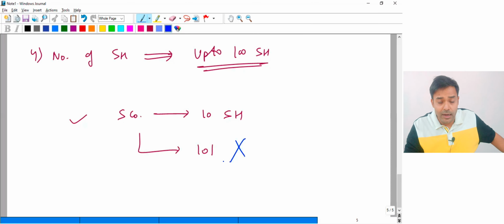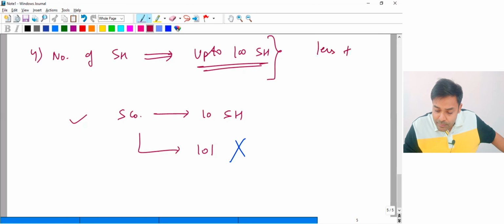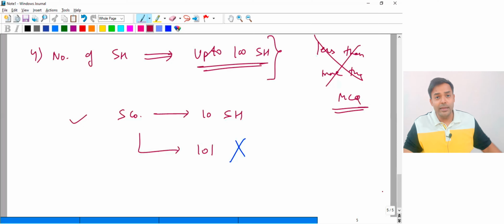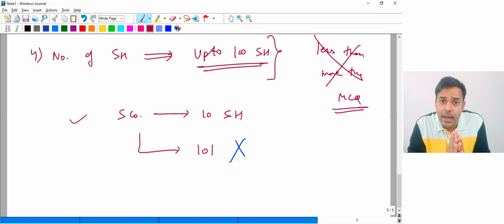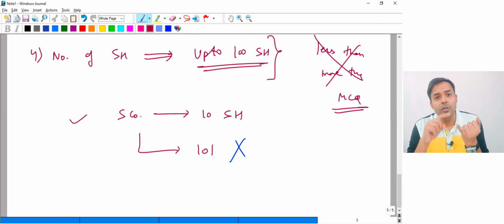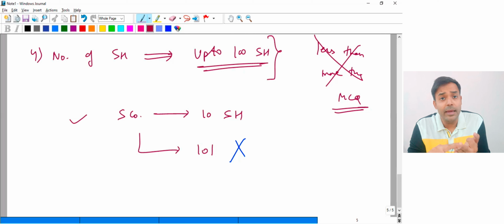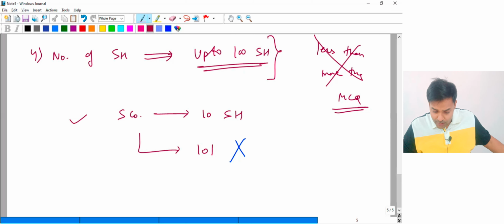Guys, here they will again confuse you. Sometimes they will give you less than, sometimes they will give you more than. In the MCQs, this is where they confuse you. But here, mind it, it's up to 100 shareholders, everyone. That means this is the maximum number of shareholders you can have. So four conditions we have done. Domestic company, eligible shareholders, ineligible shareholders, number of shareholders. One note I want you to write here, everyone.